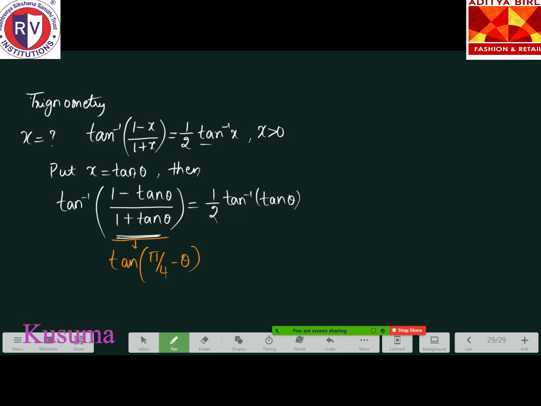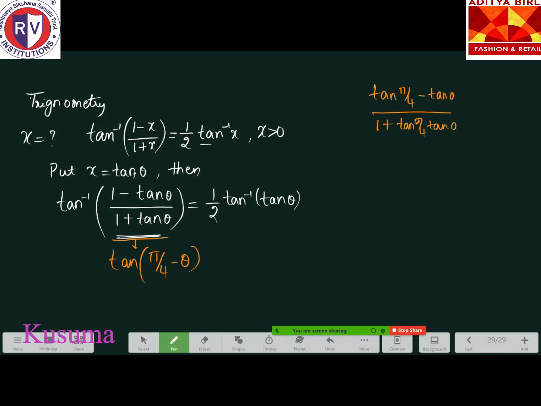Tan a minus tan b divided by 1 plus tan a tan b, right? Put a is equal to pi by 4 and b is equal to theta. Tan pi by 4 minus tan theta divided by 1 plus tan pi by 4 into tan theta.